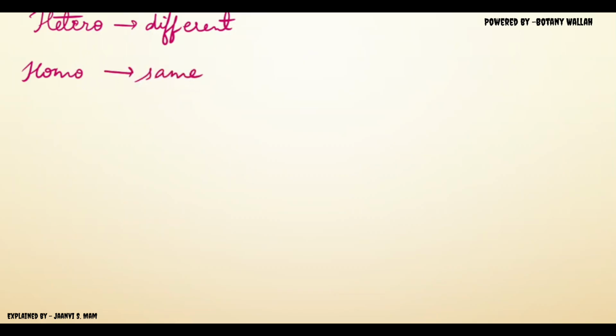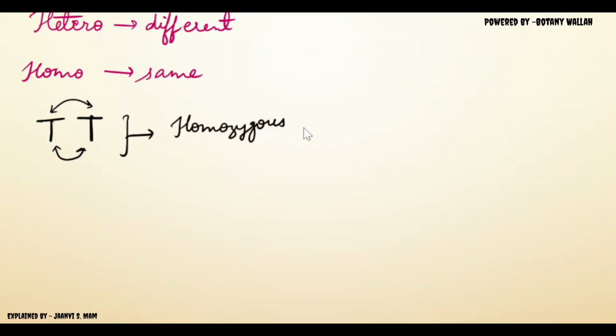Suppose there is a presence of capital T, meaning two alleles are similar, or we can say there is a presence of two same alleles. In such a condition we say that it is a homozygous condition.